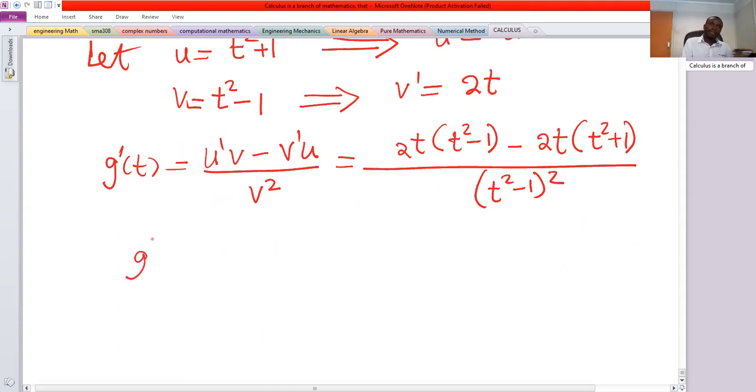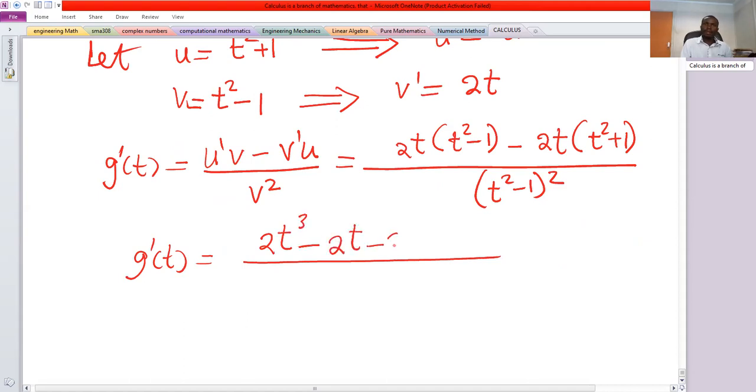So g prime of t, opening this, we'll have 2t cubed minus 2t minus 2t cubed minus 2t over (t squared minus 1) power 2.